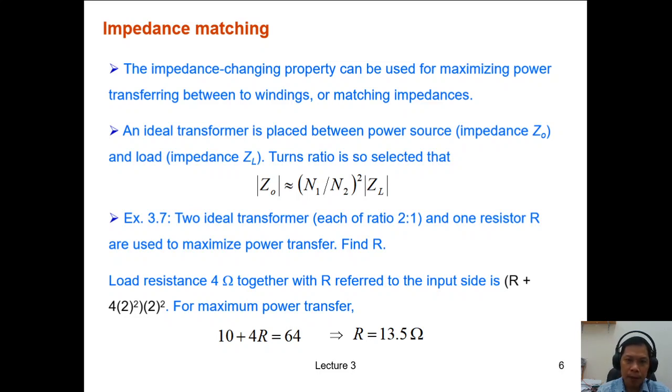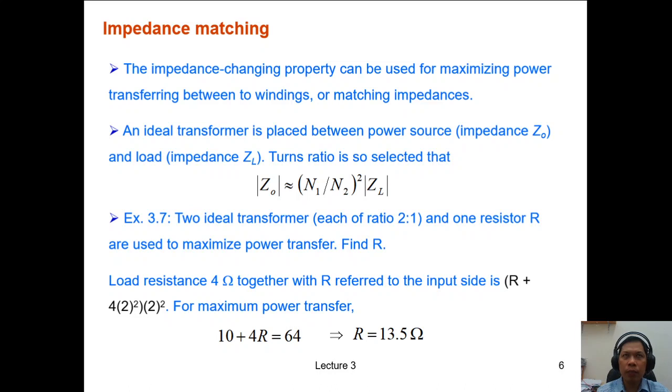The problem here is we have an energy source with an internal impedance of Z0, and our load has the impedance of ZL.